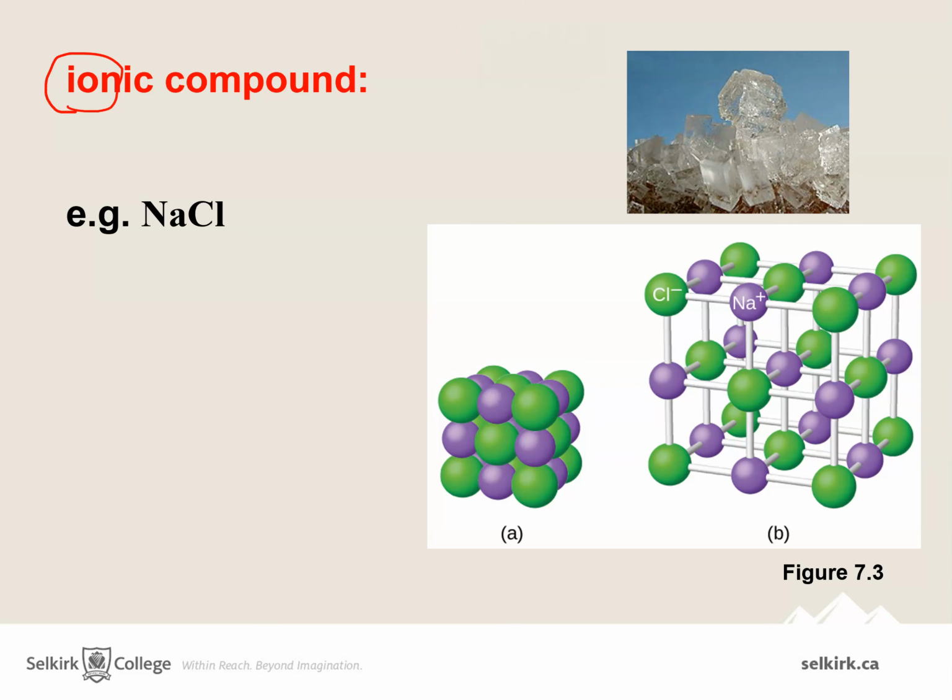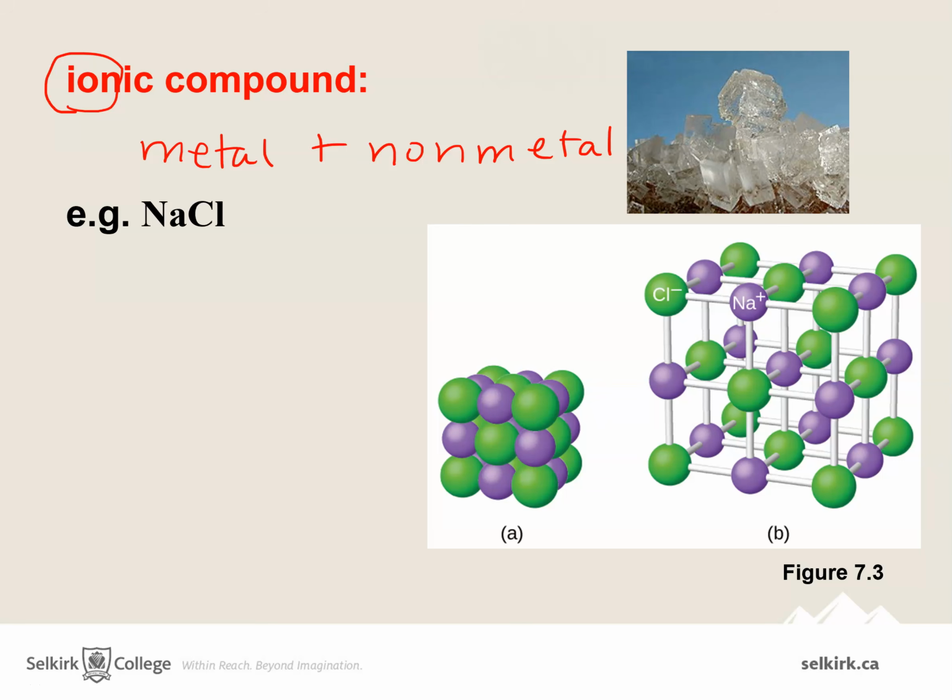The way you're going to recognize an ionic compound from its formula is that it's got a metal combined with a nonmetal. Metal and nonmetal, that's ionic. That's in contrast with the two nonmetals in a covalent compound, two or more nonmetals in a covalent compound.